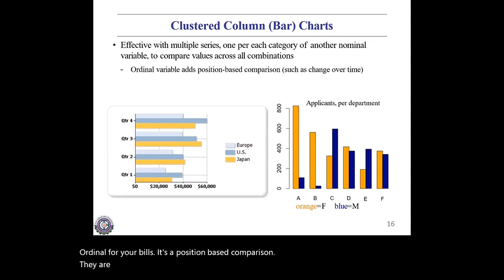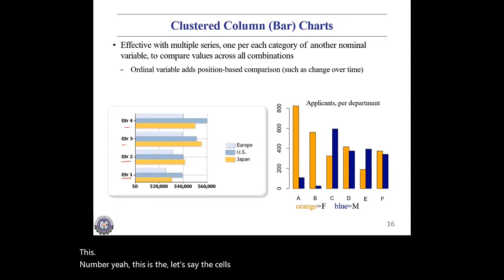An example: quarter 1, quarter 2, 3, 4, and this number is, let's say, the sales, in $20,000, we can say the revenue, and the region: Japan, US, and Europe, for all quarters.